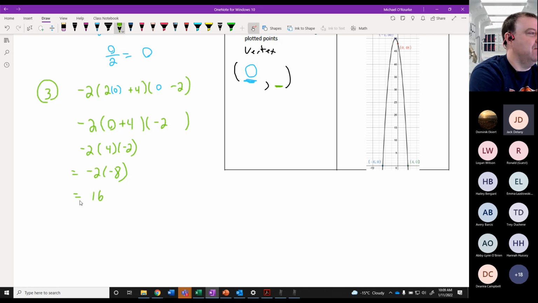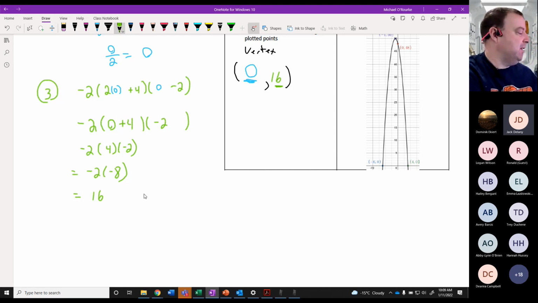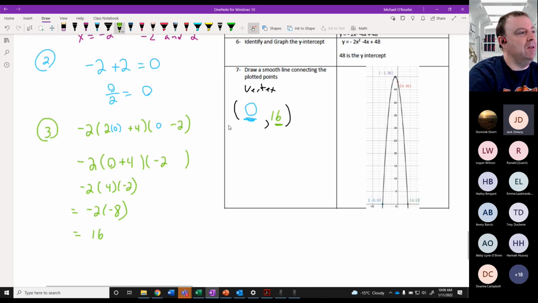Okay. So this number is going to be 16. Put a Y in chat if you got 16 as your number, as your vertex. Good. And we can go graph that now as well.